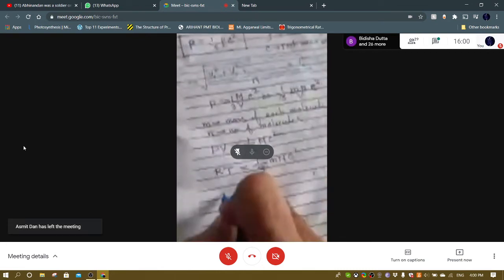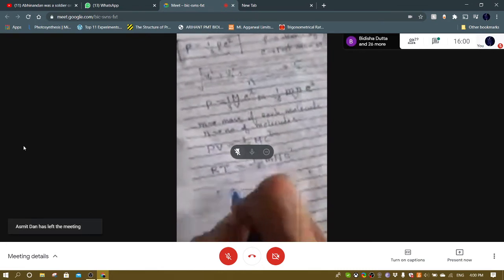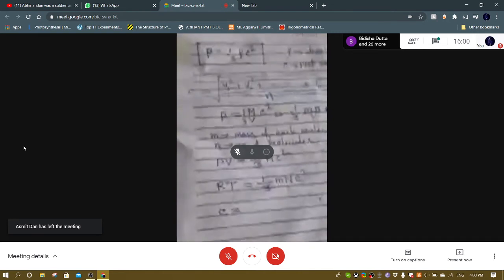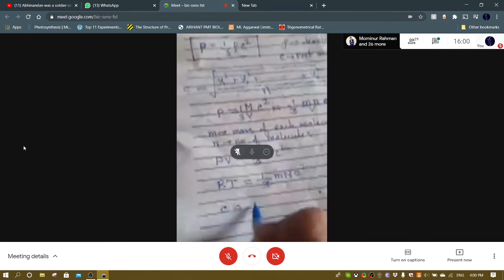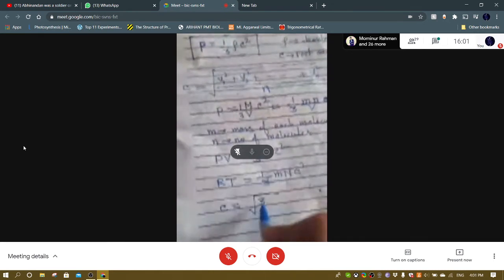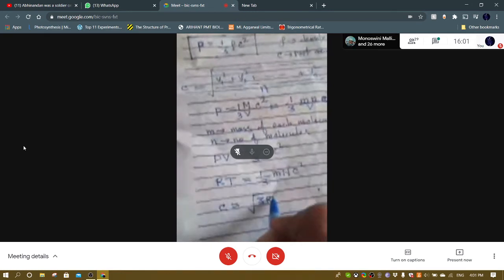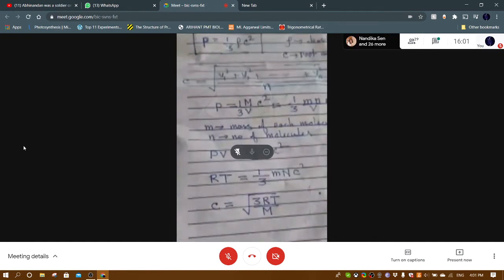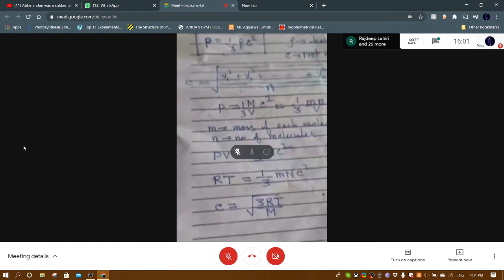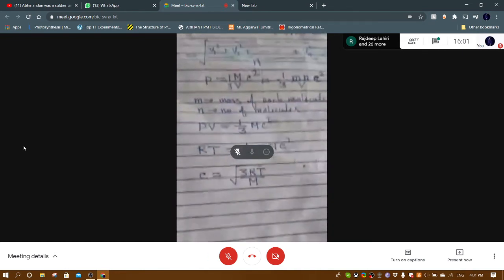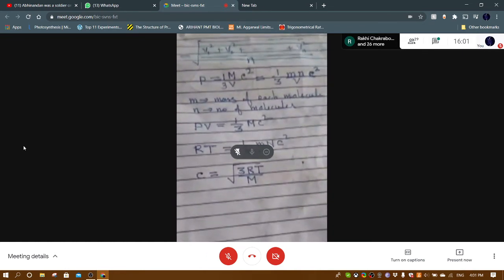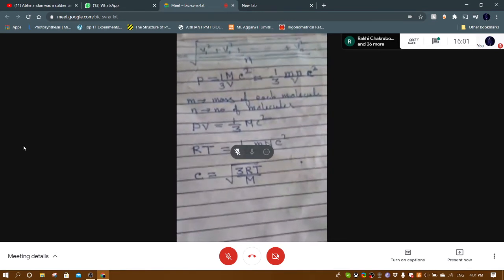So that means from here you can define the expressions. I am writing it, you don't know in the numerical what values to be provided. So C will be root over of 3RT by M. Now from here, this is a very important expression. For a given gas, M is fixed.